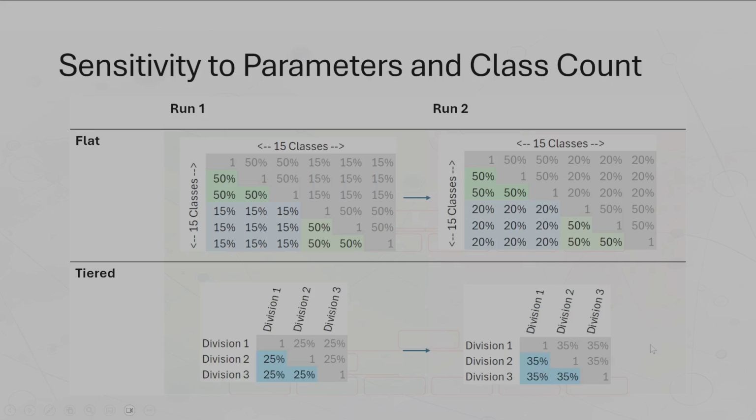And we're going to look at that for runs where we have 15 classes split into 3 divisions, and when we've got 150 classes split into 15 divisions. And we're just going to examine what the sensitivity is to both sim error and to some of the empirical results as we vary that correlation parameter and the class count.